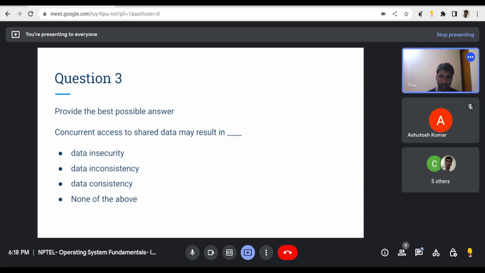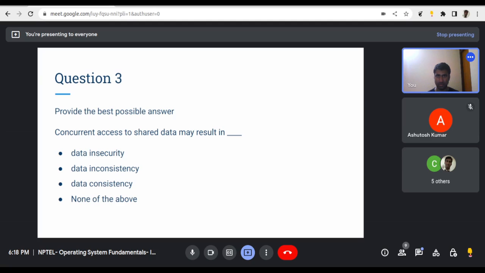Concurrent access means that multiple processes can have access to the shared data, and multiple processes can change the data in an incorrect manner. Since there is a problem of which process gets scheduled in the CPU, that may lead to inconsistencies.